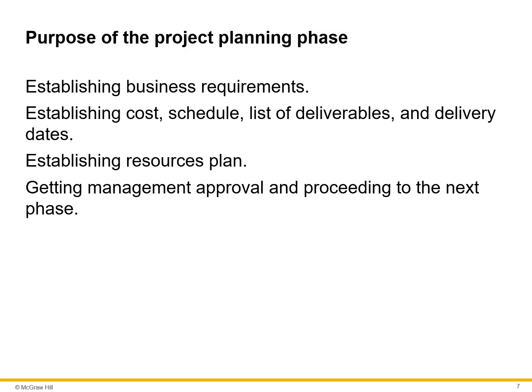The purposes of the project planning phase are establishing business requirements, establishing cost, schedule, list of deliverables, and delivery dates, as well as establishing a resource plan, getting management approval and proceeding to the next phase.